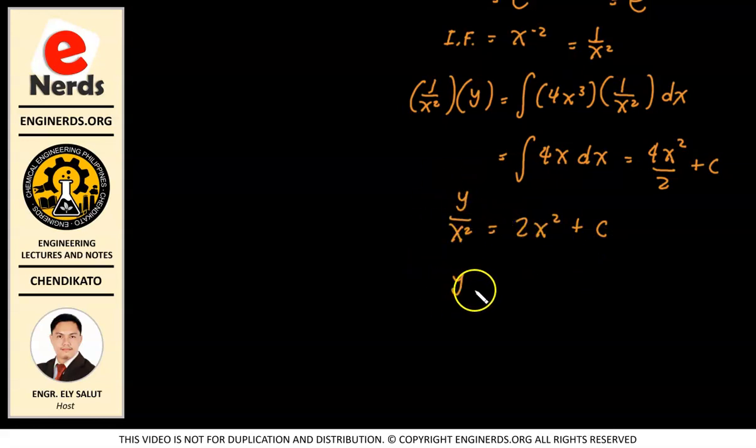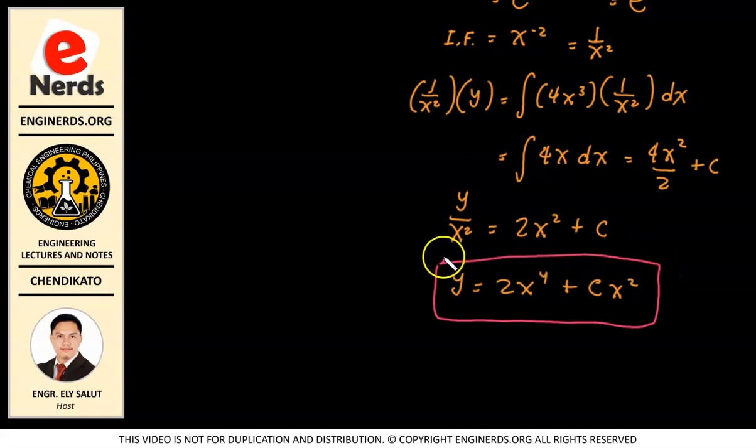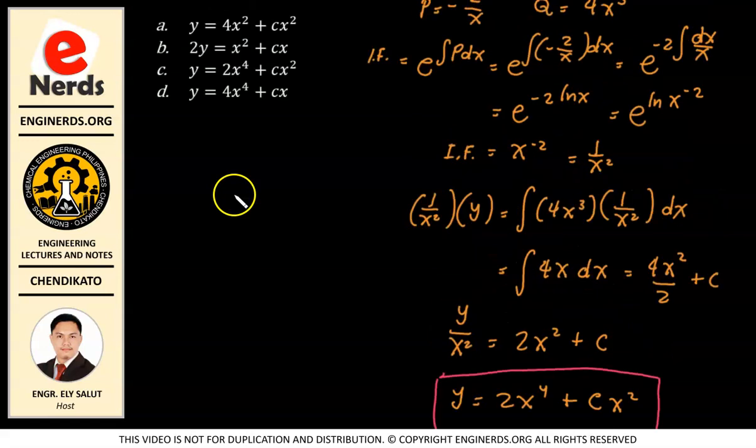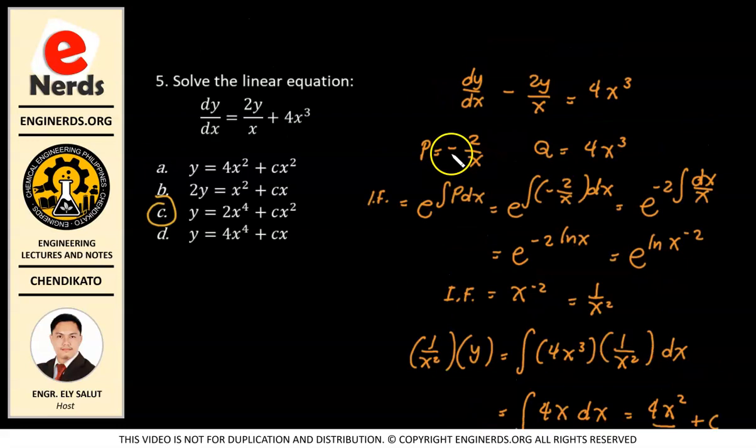So we'll have y is equal to 2x to the 4th plus c x squared. So this is our final answer in here. Tingnan na lang natin kung nasan siya sa ating mga choices. So we will have y is equal to 2x to the 4th. Hanapin natin. y is equal to 2x to the 4th plus cx squared. So our answer here is letter C, no? Dito sa ating problem number 5.